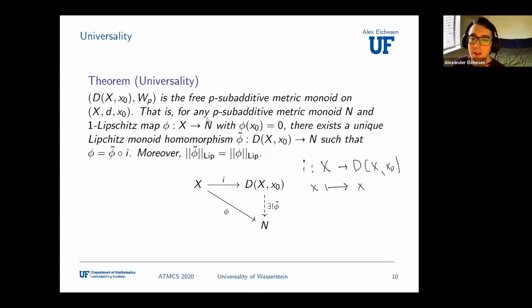So on the left, X is a point; on the right, X is a formal sum with just one summand. And note that X naught gets sent to X naught, but remember these are cosets in this quotient monoid, so this is actually equal to 0 modulo D of X naught. So all of these maps here are base point preserving in the sense that X naught gets sent to 0.